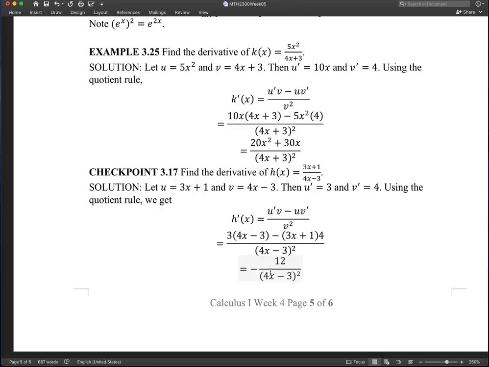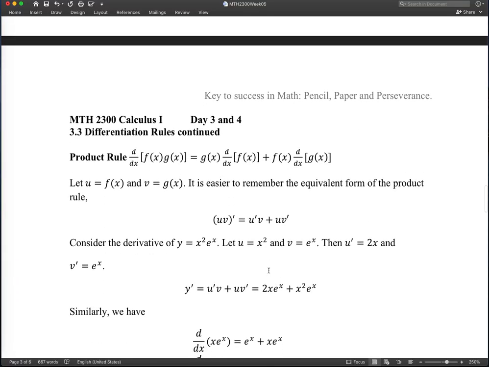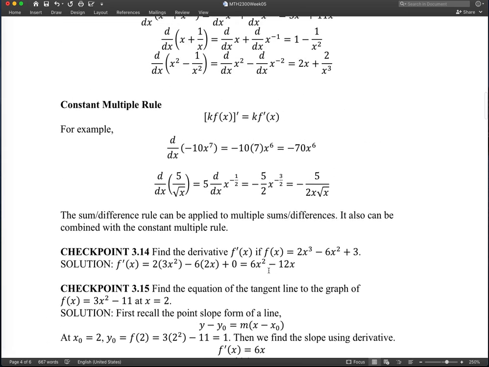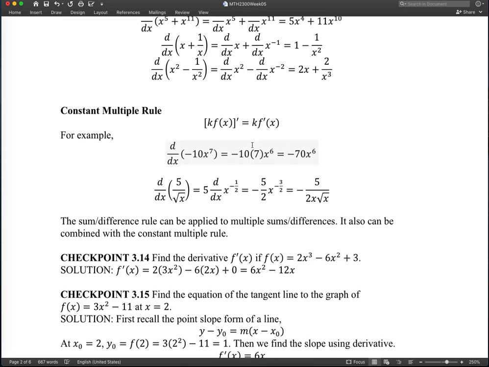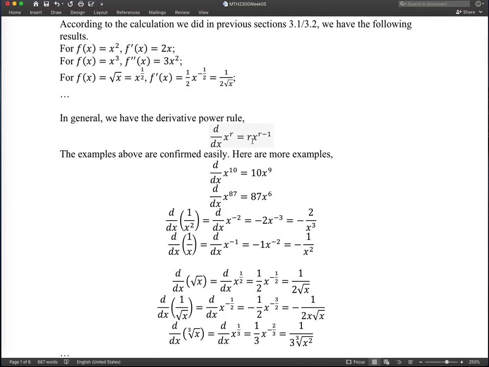Quotient rule. So basically, this concludes the discussion of section 3.3, differentiation rules. We got a few rules, okay? And remember the power rule. This is the power rule I'm talking about. Power rule.